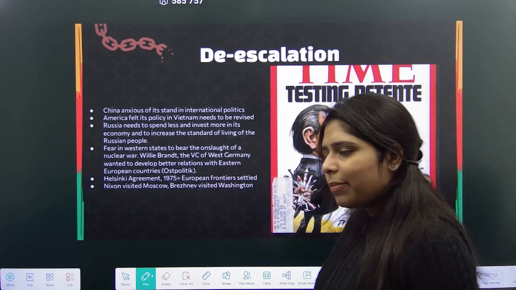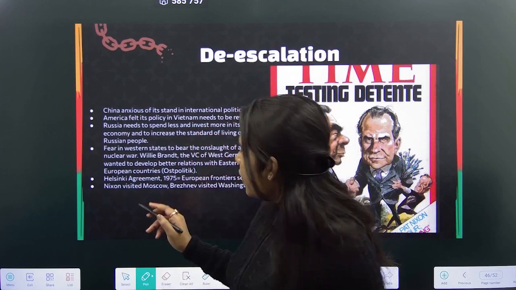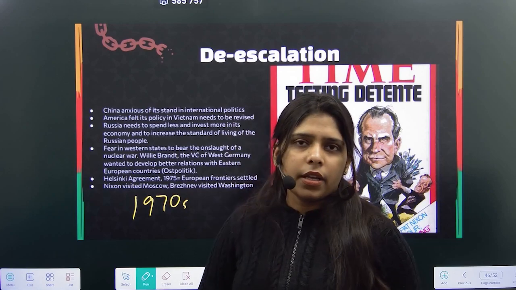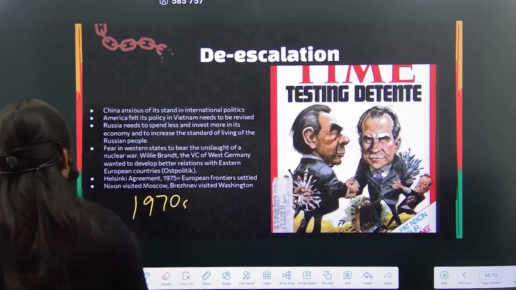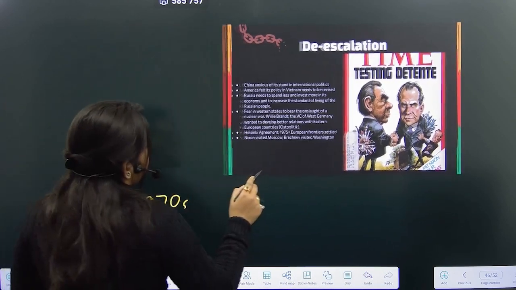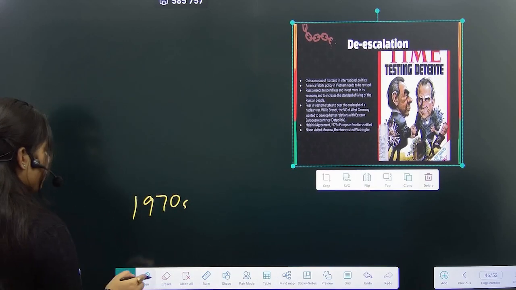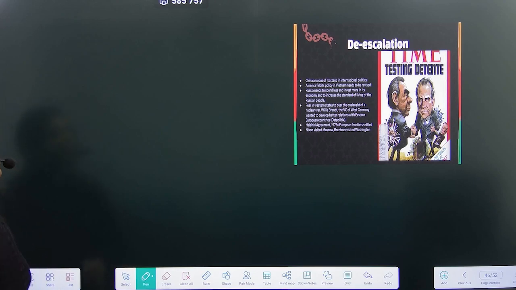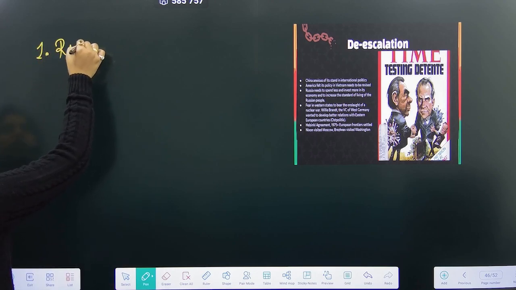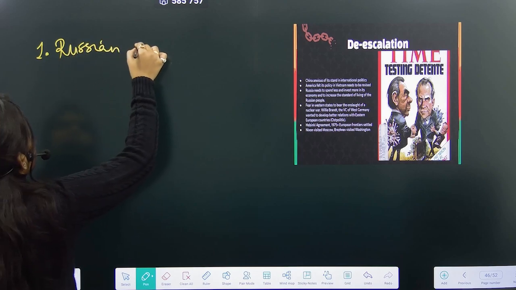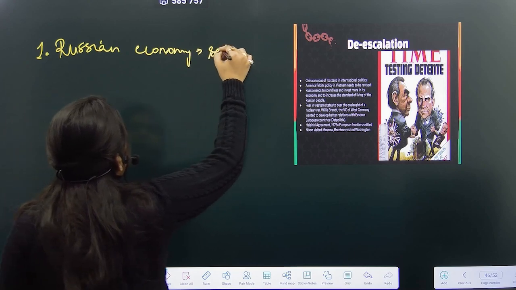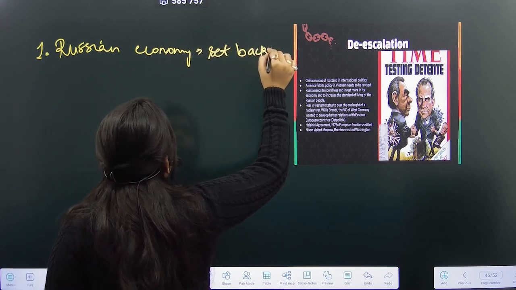By the coming of the 1970s, both sides realized a lot of things. How did they realize? Try to understand the situation now. In the 1970s, first of all, the Russian economy was facing a setback slowly and gradually.